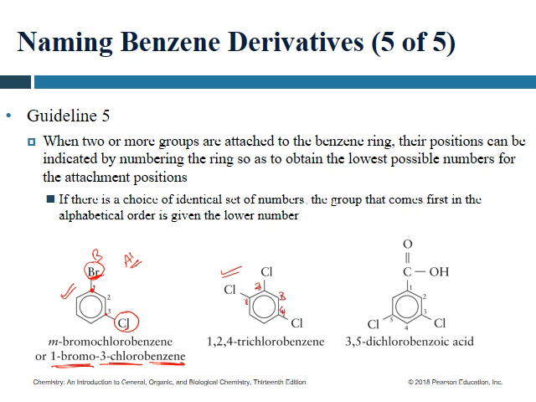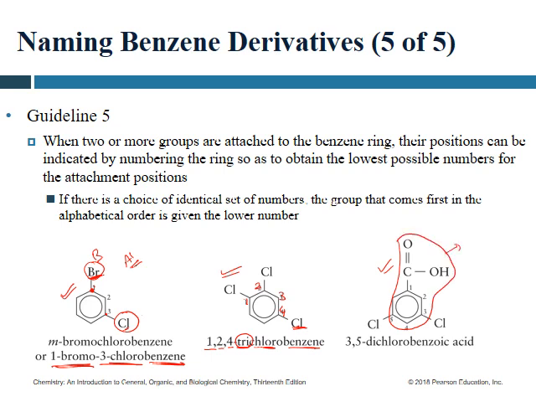If I count it like this, then 1 and 2 is the lowest number we can get, and then on the fourth carbon we also have chlorine. So that's why 1, 2, 4 tri means you have 3 chlorine atoms on the benzene, right? 1, 2, 4-trichlorobenzene.